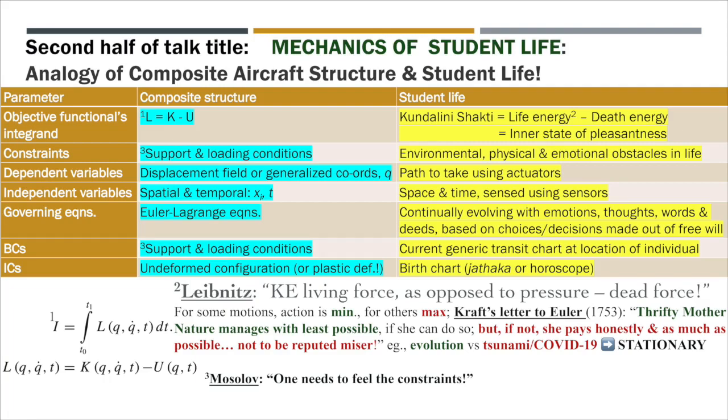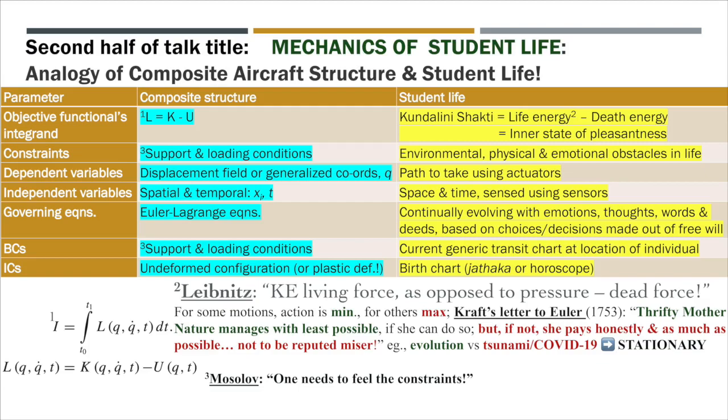Now the governing equations are determined by minimizing the integral of this Lagrangian that is basically over here with respect to the q's, which are the generalized coordinates. So those Euler-Lagrange equations, in most situations are differential equations. Whereas here, in the case of life, these governing equations are continually evolving.